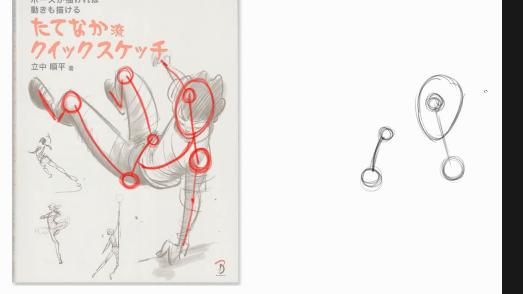And also in art, people measure the figure in terms of number of heads, so it will also give you an idea of how big the rest of the body should be. So again with the arm.